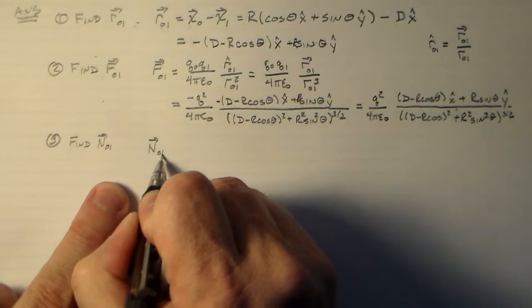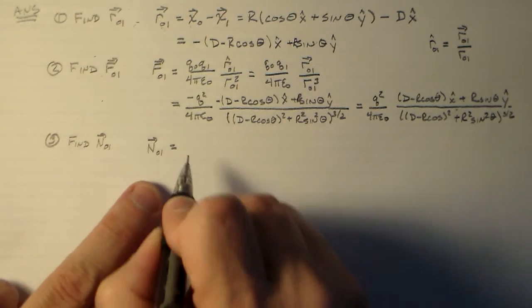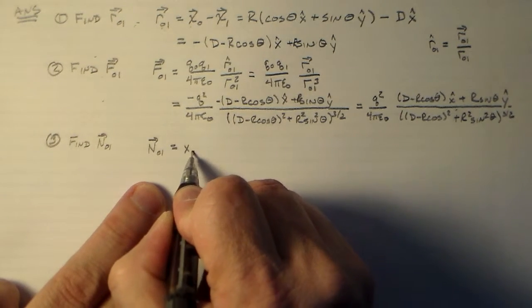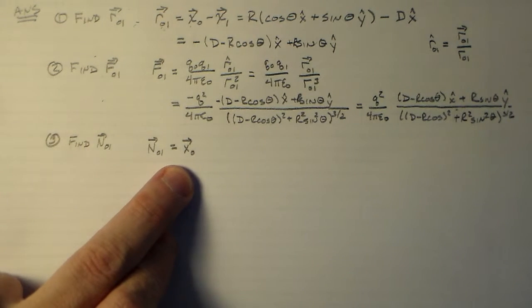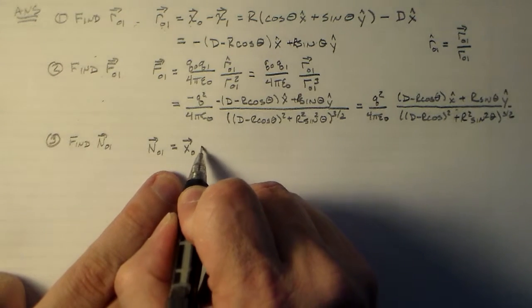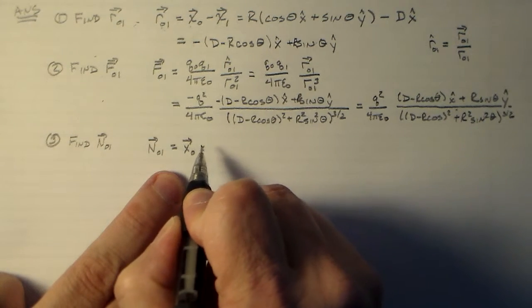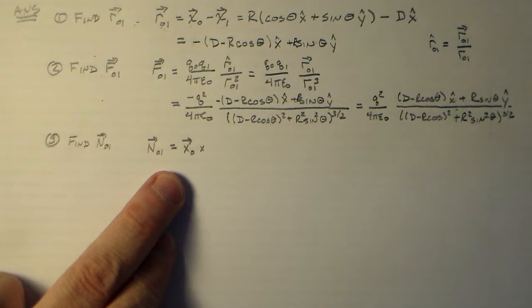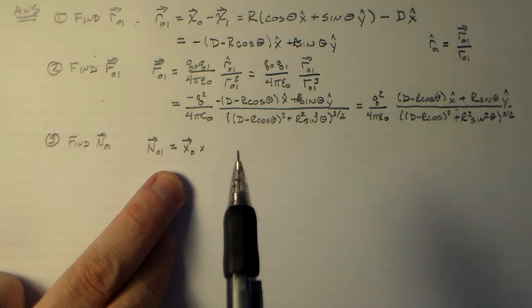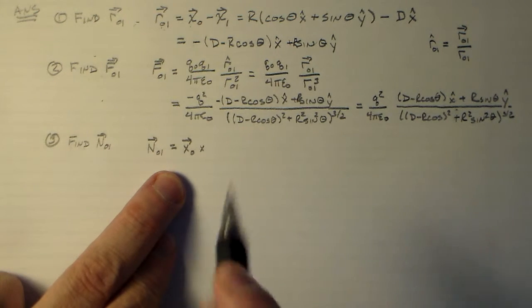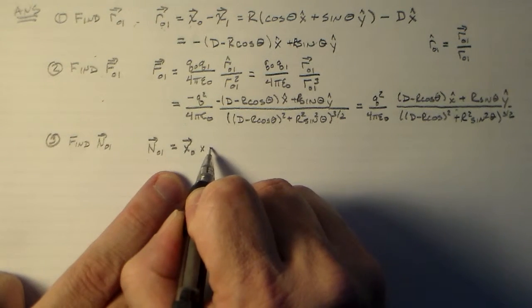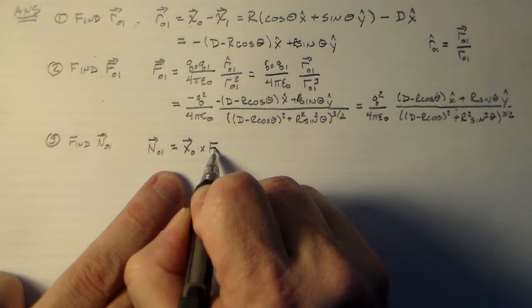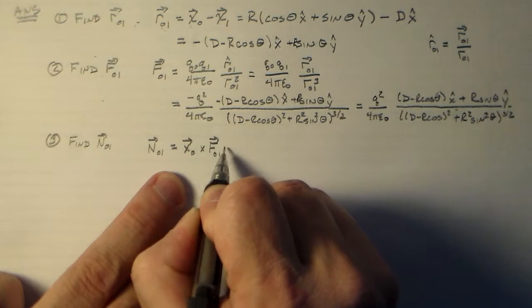So N01 is equal to x0, the location of the point from the axis that it's rotating around, and that axis is going to be the z-axis itself because it's perpendicular to the x and y components. So that's that guy, cross the force F01. Okay.